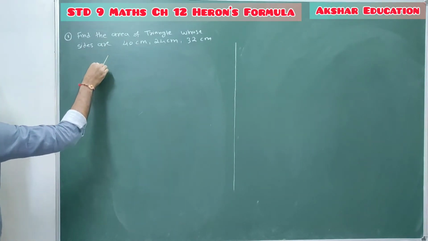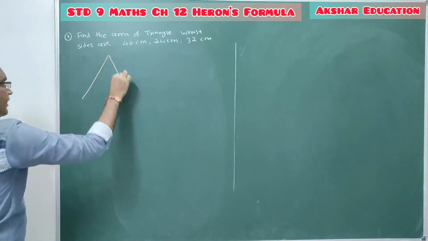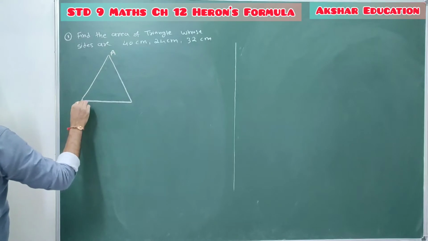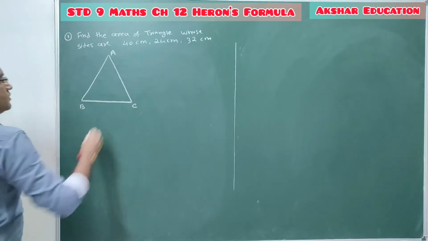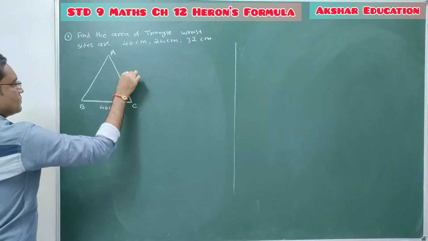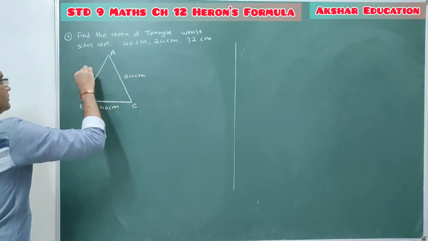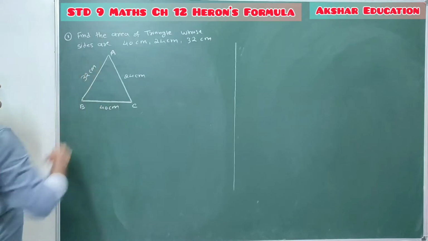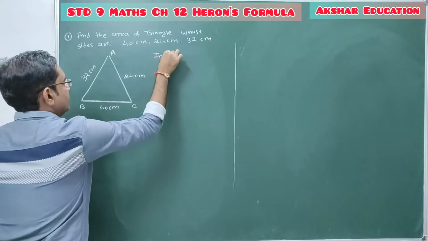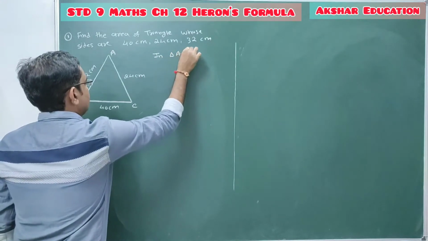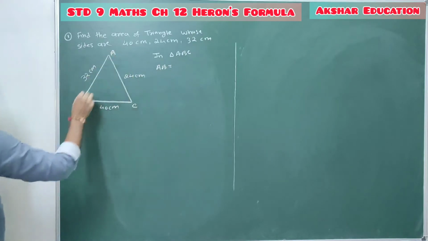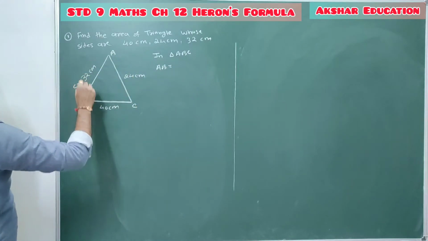So first you have to draw the diagram. Suppose this is the given triangle, and this given triangle is ABC. Three sides are given. Suppose this is 40 centimeter, 24 centimeter, this one is 32 centimeter. In triangle ABC, the length of side AB is nothing but the small c.